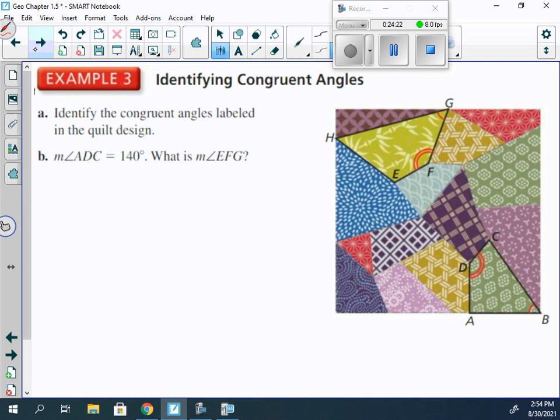Now, if we look at this here, and it's a little bit hard to see on the printout, F has 2 and G has 1. Down here, D has 2 and B has 1. So what that is telling us is that angle G is congruent to angle B, because any angles that have the same number of markings will be congruent to each other.